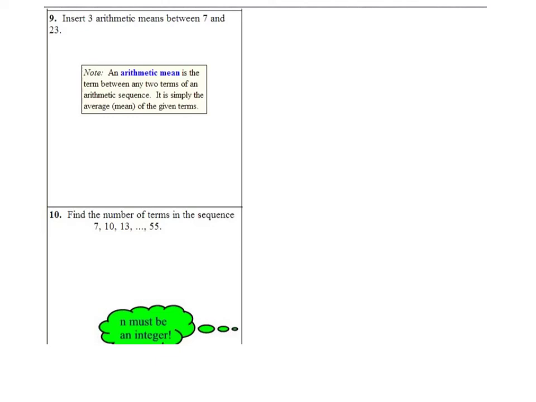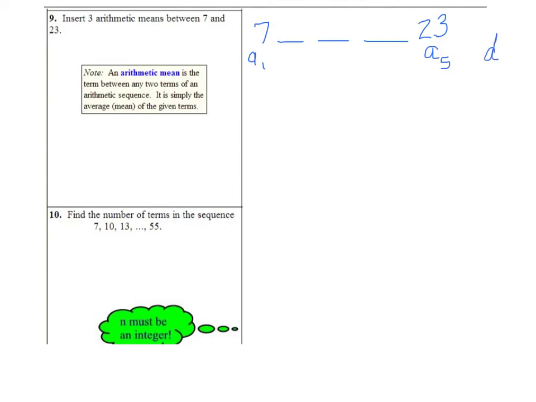All right, so what that looks like in actuality is I'm going to write 7, that's my first term, 1, 2, 3 terms, and then 23. Okay, so that means I have a sub 1 is 7, and a sub 5 is 23. So what I need is the common difference.